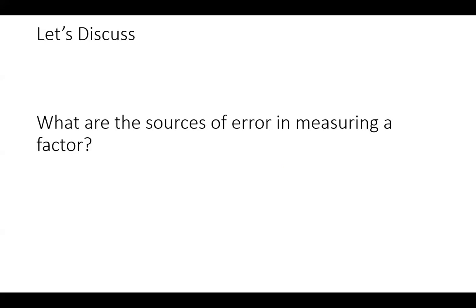So let's discuss. What are sources of error in measuring a factor, in measuring exposure and measuring an outcome? What could be sources of error? Self-reported scales. Okay, self-reported. So the way people are answering the question, right?